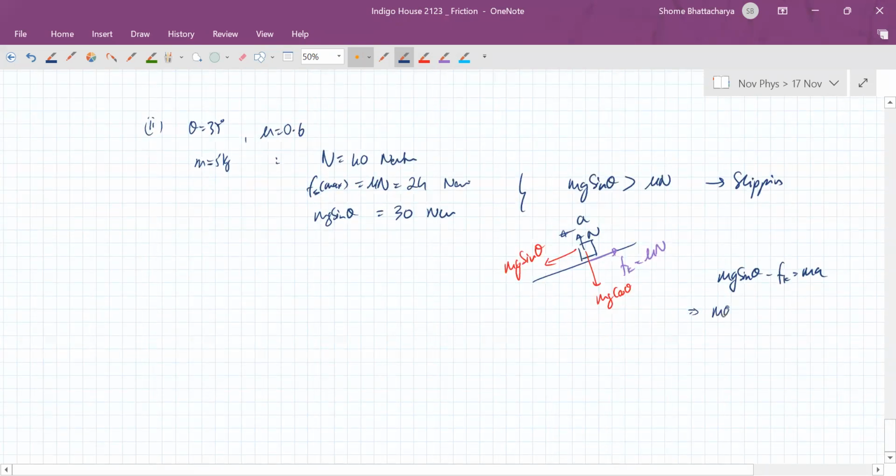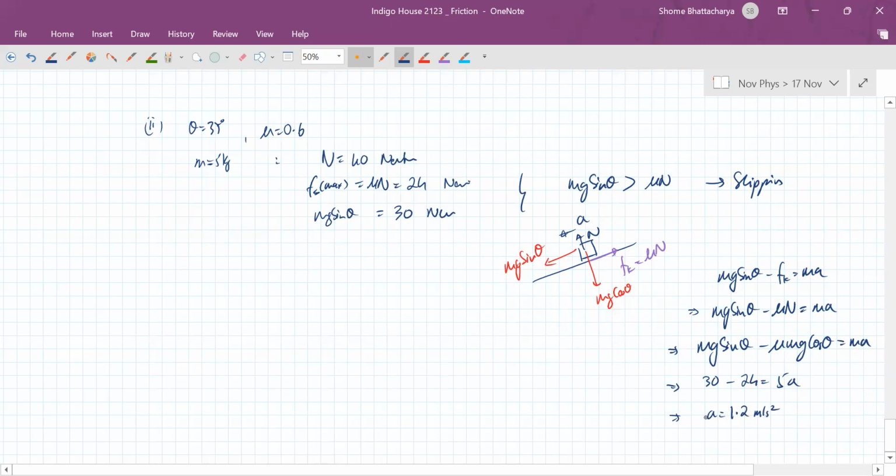So mg sin theta minus mu n is equal to ma. Further, mg sin theta minus mu mg cos theta is equal to ma. Now we can see that this was 30 newtons, but this is 24 newtons. An acceleration of 1.2 meters per second square.